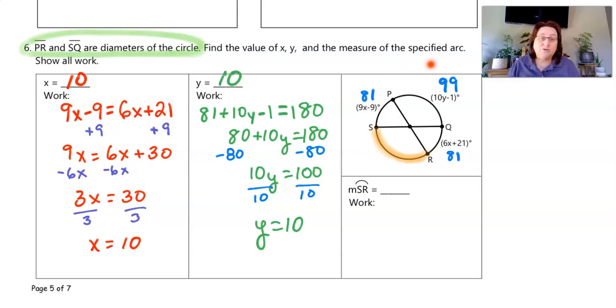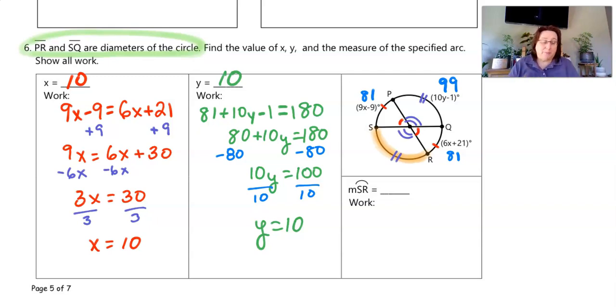You can also use what you know about all the arcs in a circle and what they add up to. There's a couple different ways you can figure this out, and I want you to take a guess. What do you think might be the measurement of arc SR?